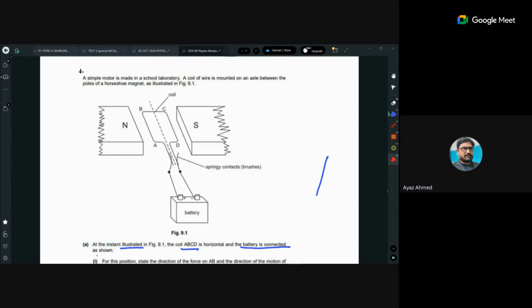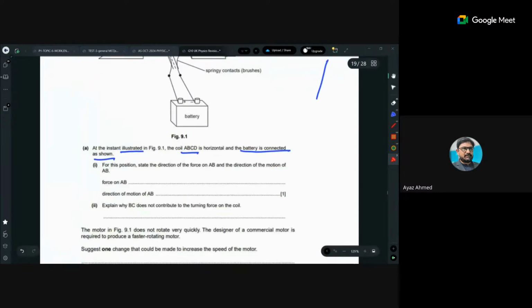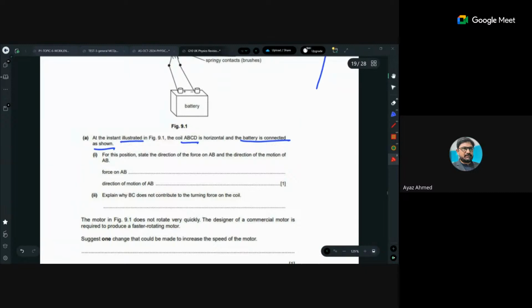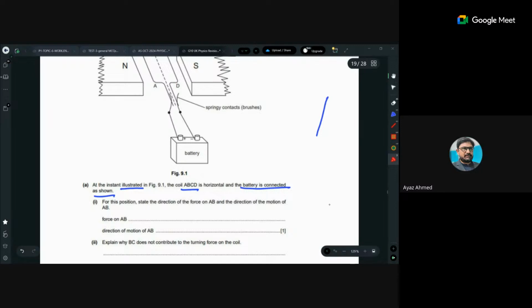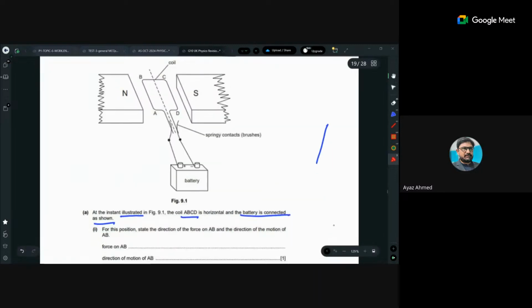The battery is connected as shown in the figure. For this position, state the direction of force on side AB and the direction of motion of AB. What will be the direction of force on AB?